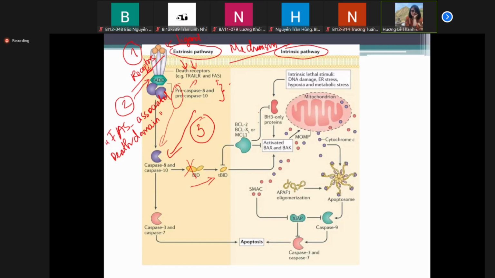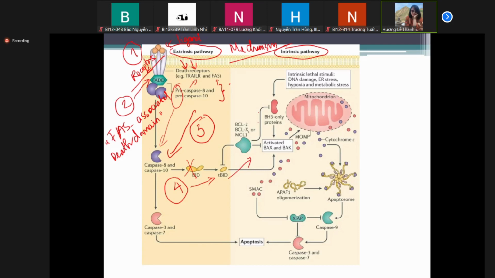The tBID is the active form, and it moves to the mitochondria. This is step number 4.